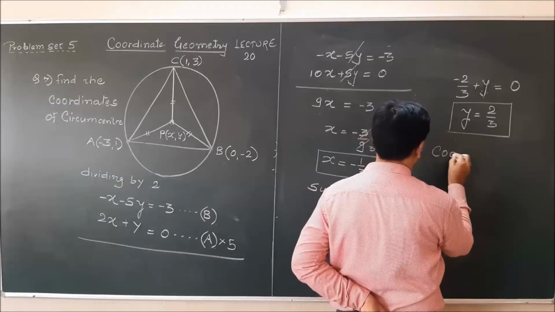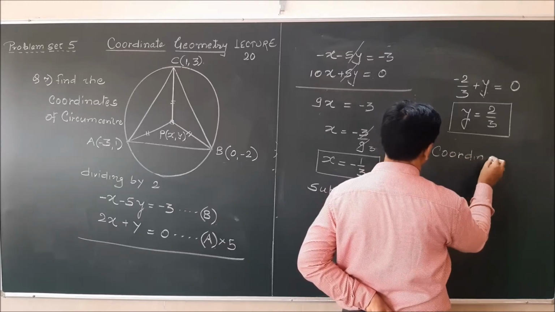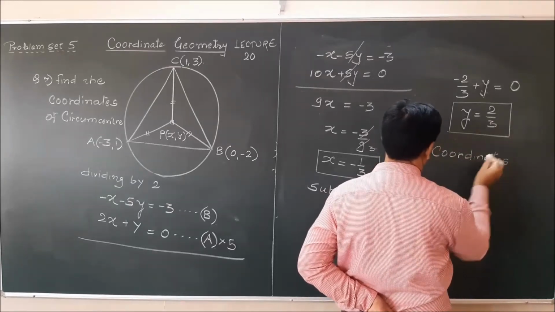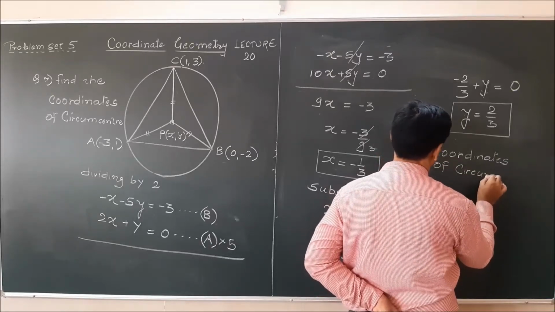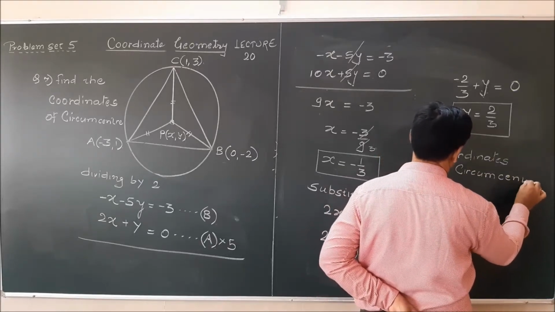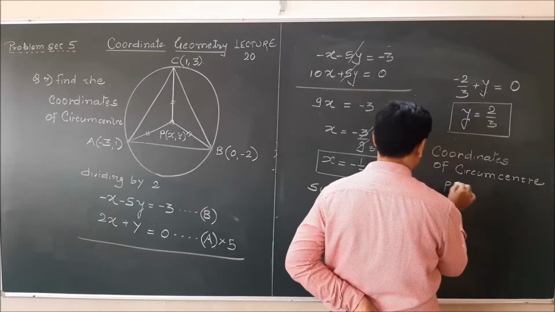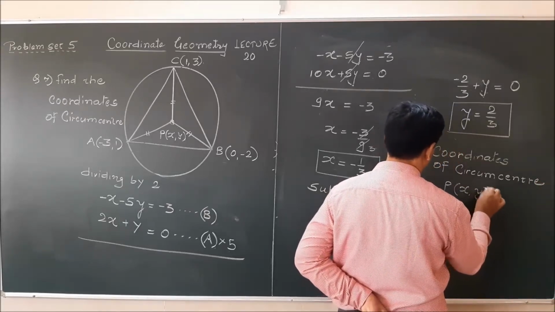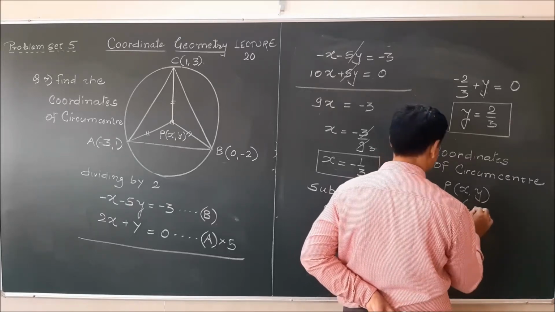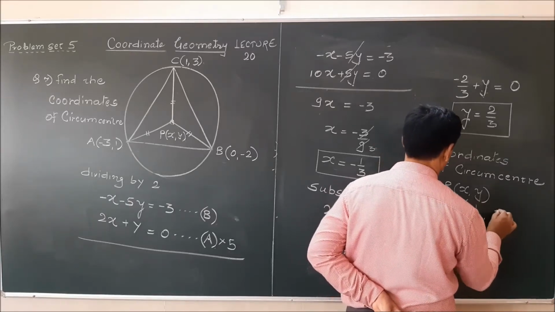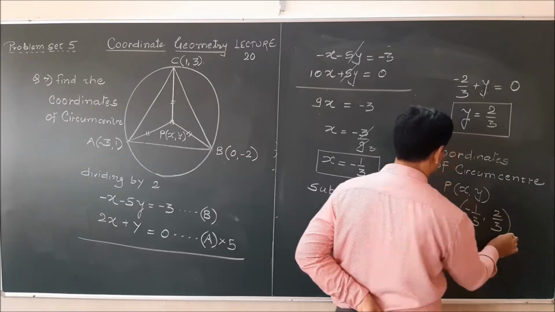Therefore, coordinates of circumcenter, very important, circumcenter P(x, y) is equal to minus 1 upon 3 comma 2 upon 3.